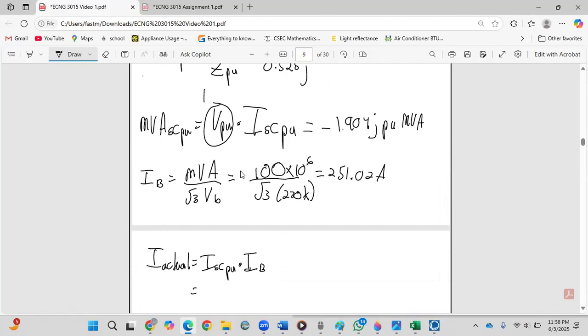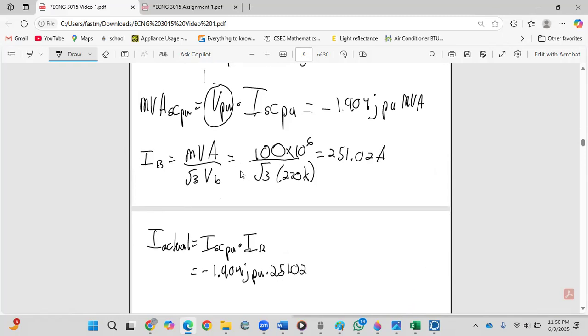So that'll equal minus 1.904 J per unit by 251.02. Put in the calculator, 1.904 multiplied by 251.02, and we end up with 477.94 amps. So that would be the actual fault current.